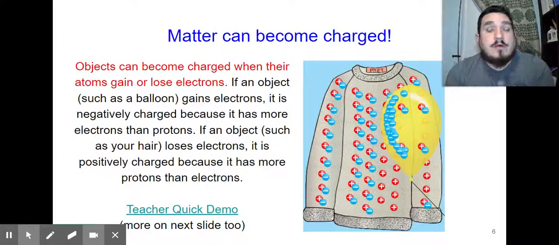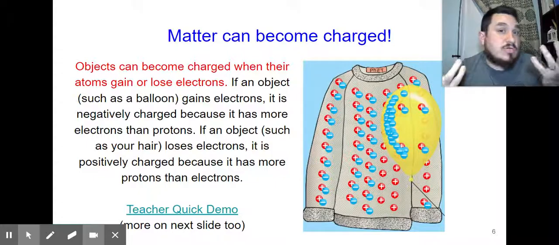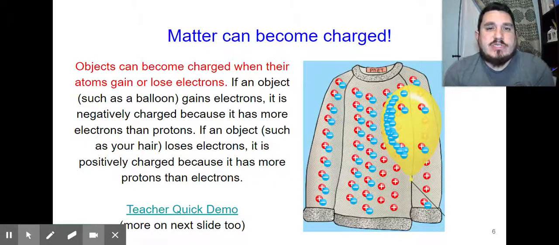All right, so the other idea here is that matter in general can become charged. We can actually charge up different types of matter. So objects can change their charges when they lose or gain electrons. Now that's important. We're talking about electrons moving and going places here. Electrons are negatively charged.